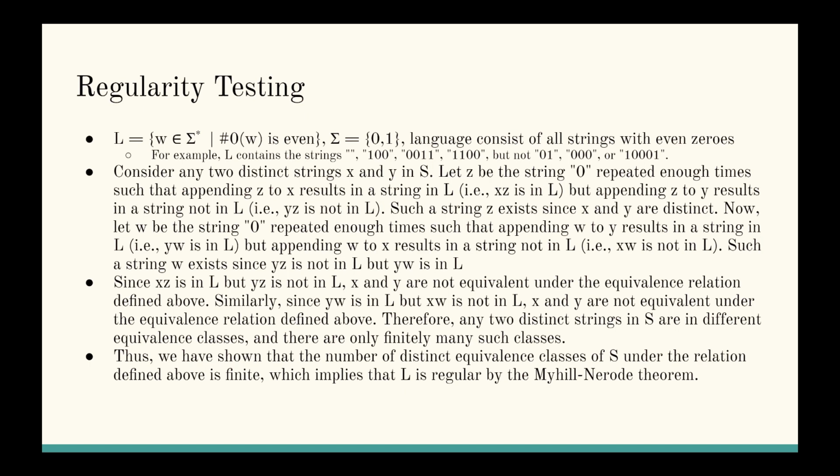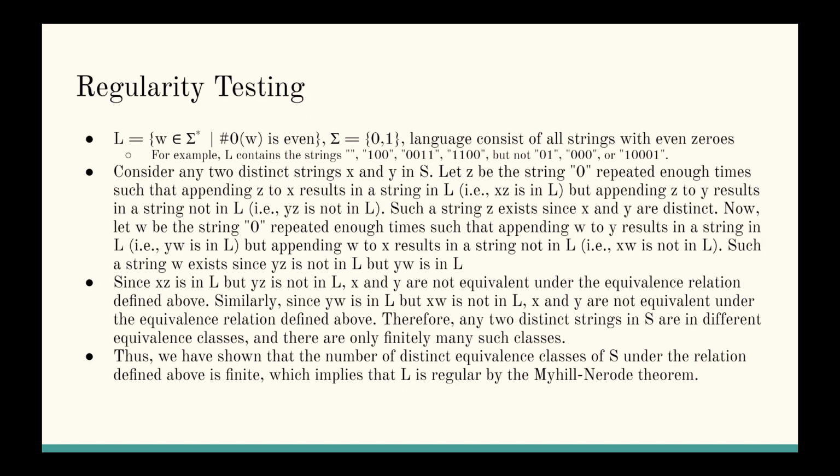Now, let's define W to be the string of 0 repeated enough times such that appending W to Y results in a string that is in L, but appending W to X results in a string that is not in L. Such a string W exists because YZ is not in L, but YW will be in L.